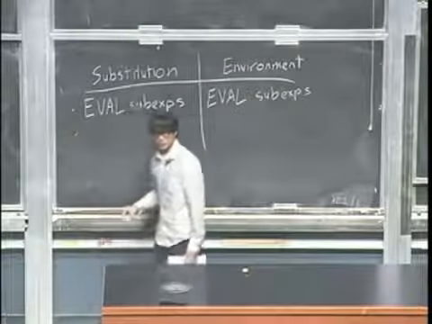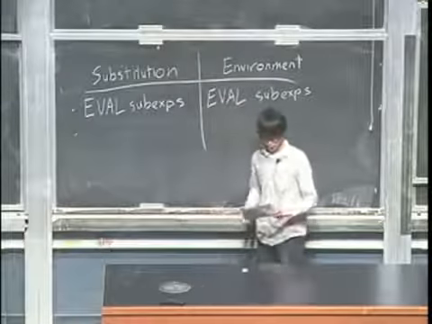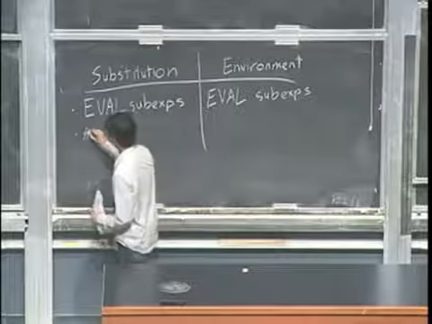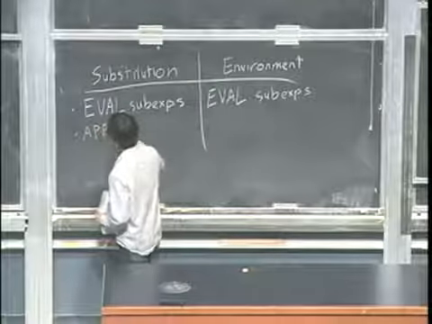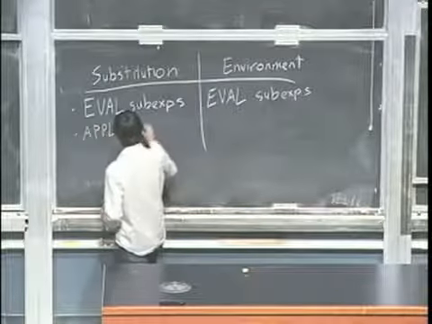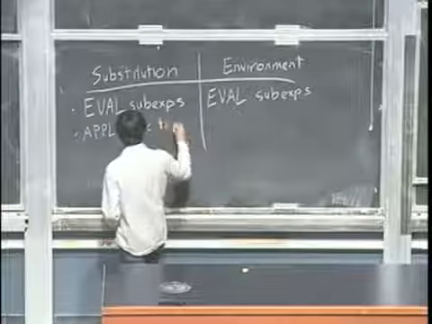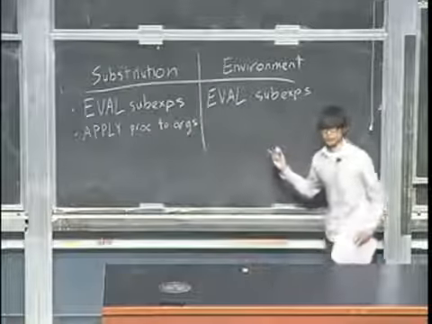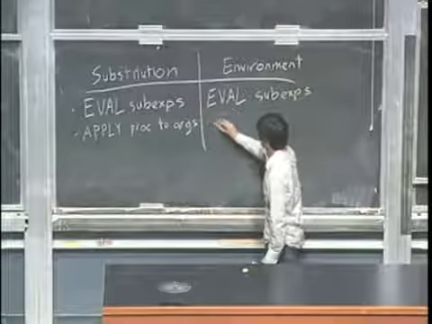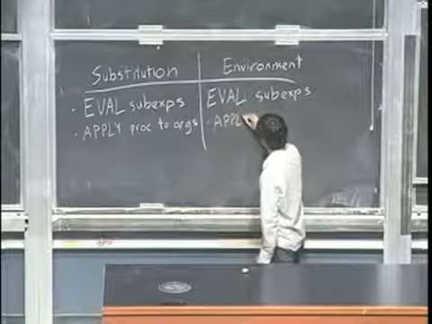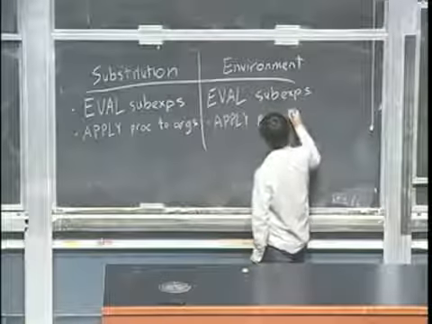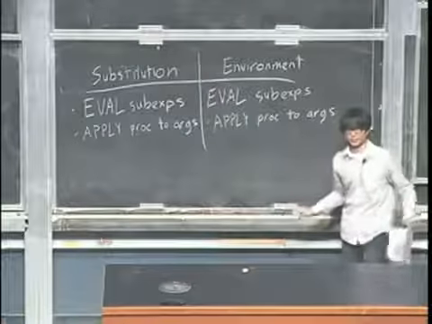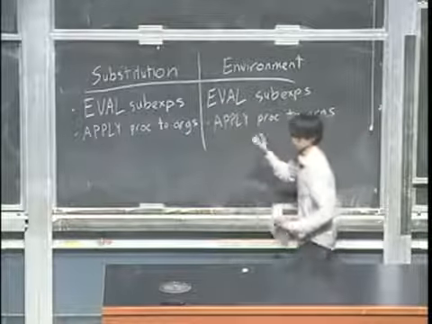After we evaluate the sub-expressions, the next step is to apply the procedure to the arguments. And this is still true in the environment model. So far, everything's exactly the same. But the way they differ is right here.